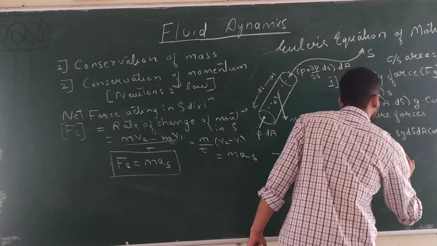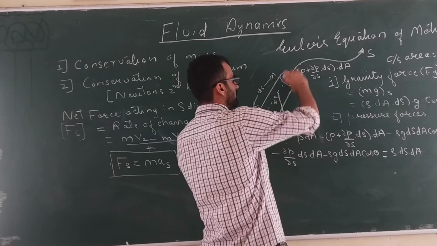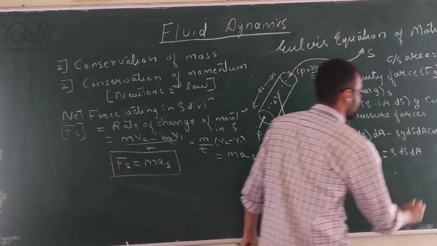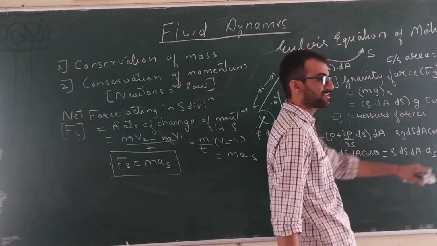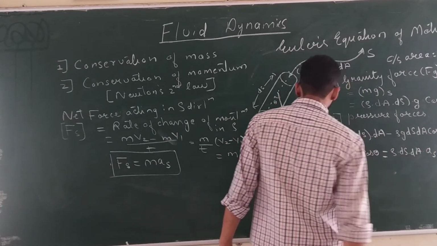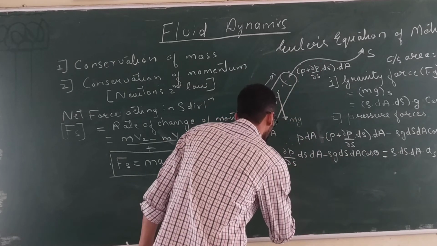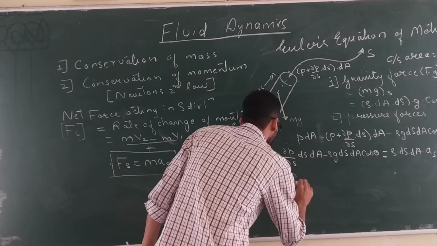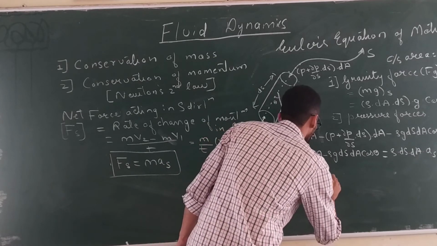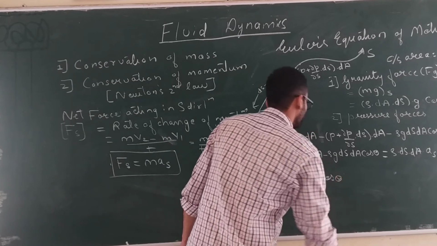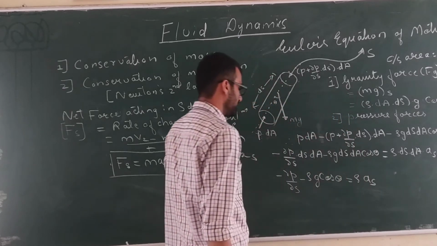Mass density is rho, volume is ds into dA, cross-sectional area into the length gives you the volume of the cylinder. So into a s. We will talk about the acceleration later. First simplify the equation. Now I can cancel ds into dA from both sides. We will be remaining with minus del p by del s minus rho g cos theta equal to rho a s. This is your equation.